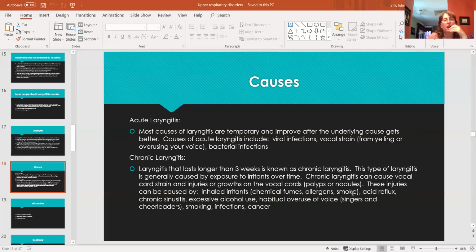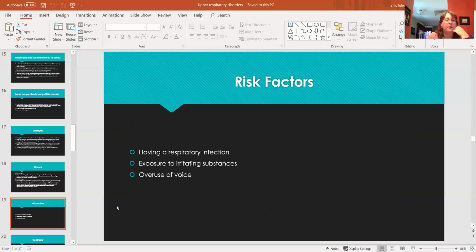Maybe you have polyps on your vocal cords, or maybe it's from some kind of inhaled irritant that you keep getting, like smoke or allergens. Acid reflux is another big cause of this. So there's a lot of stuff like that. And if you're a singer or someone who constantly uses their voice, you can have overuse of your voice, and that causes chronic laryngitis.